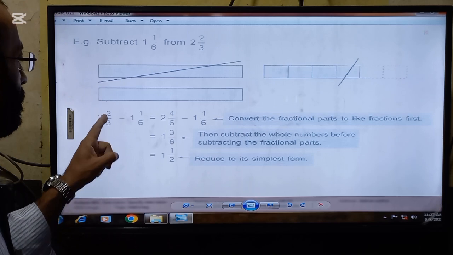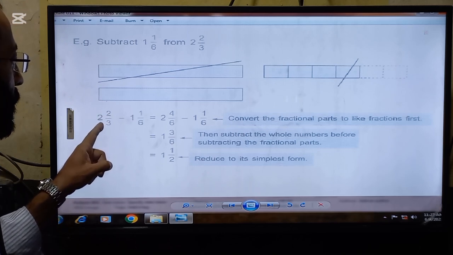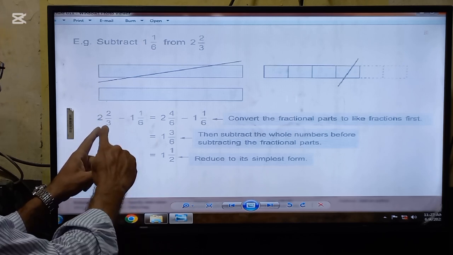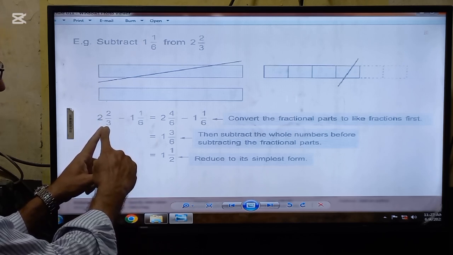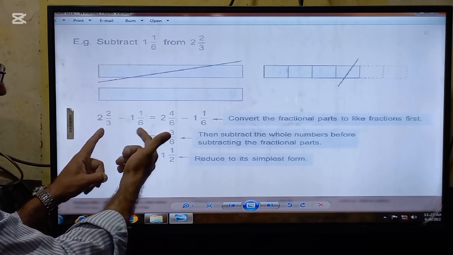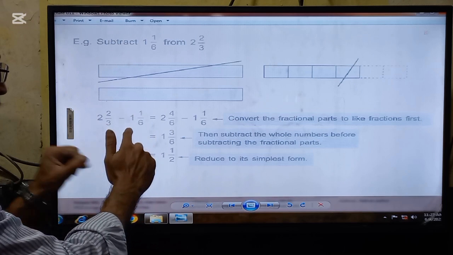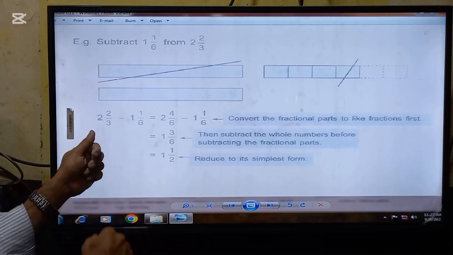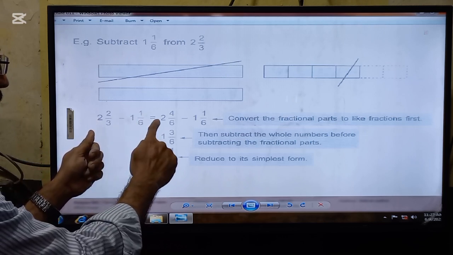We will multiply the numerator and denominator of the fraction part of the first mixed number by 2, because when 3 is multiplied by 2, it becomes 6, the same as the denominator of the second number. The whole number 2 remains as it is.